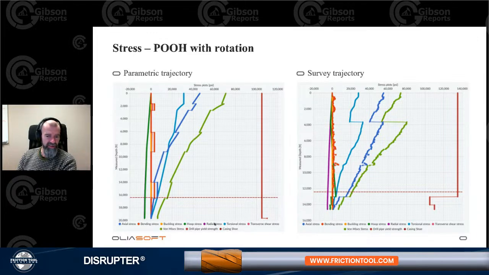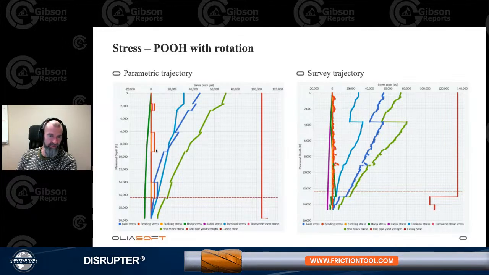They are negative, and all the other ones are either very close to zero or just above zero. That being the bending stress and the buckling stress. In this operation I didn't run into buckling, so that should be zero. And the transverse shear stress is also very, very small. The bending stress is the biggest of those that are close to zero.